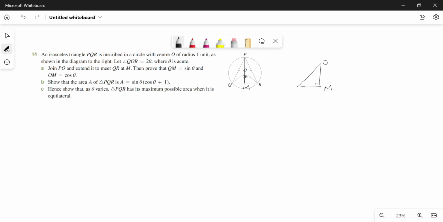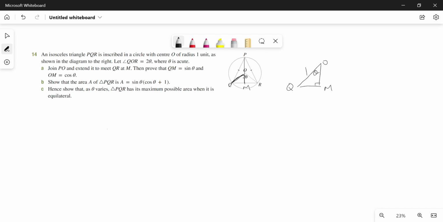So if I go just from O to M, this is now theta, because it's half that angle, and this is Q there. Alright, if we look at QM, we also know that this length is a radius, and we know the radius is 1.